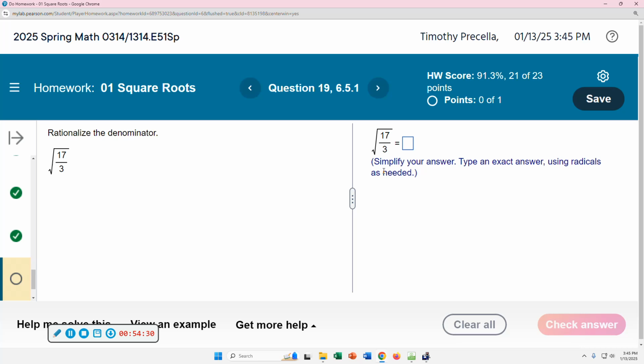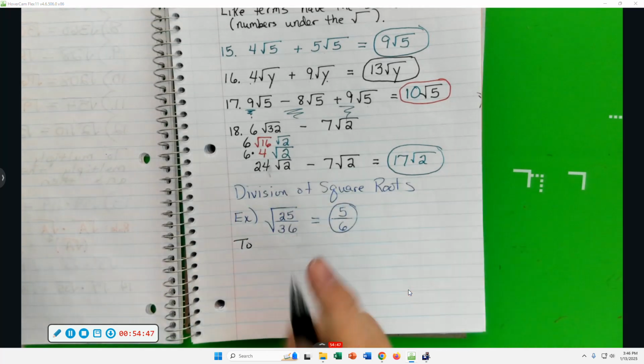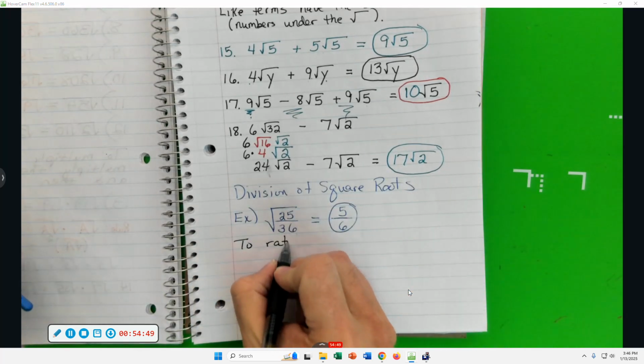Can we do that there on number 19? Do we know the square root of 17 or the square root of 3? No. Well, the instructions say rationalize the denominator. That's another way of talking about division. Let me go ahead and write a sentence.